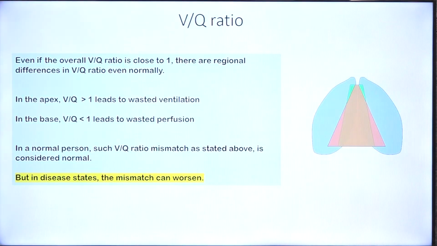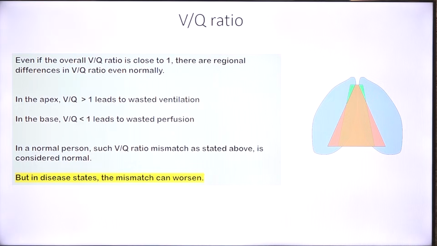The summary thus far is that even if the overall VQ ratio is close to 1, we saw it as 0.8, there are regional differences in the VQ ratio even normally. In the apex, ventilation perfusion ratio is more than 1, which means there is wasted ventilation, and in the base, the ratio is less than 1, which means some perfusion does not participate in gas exchange.